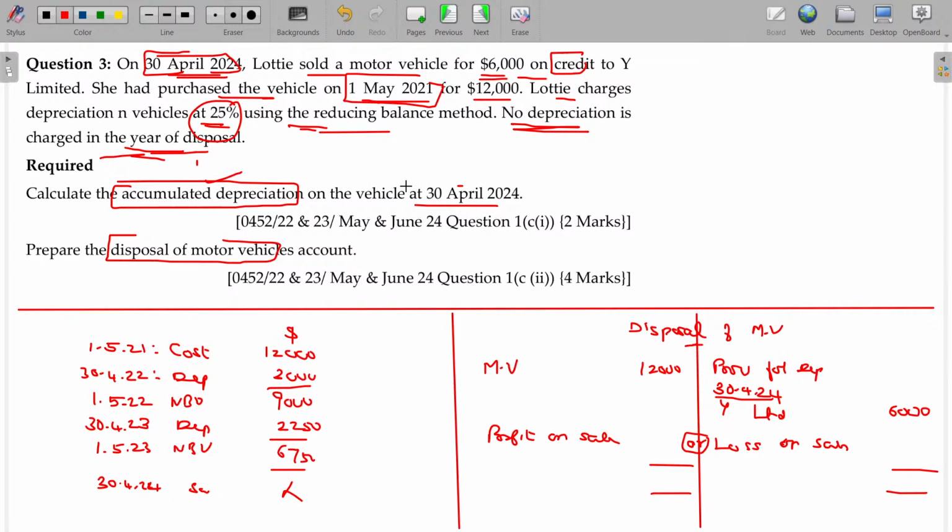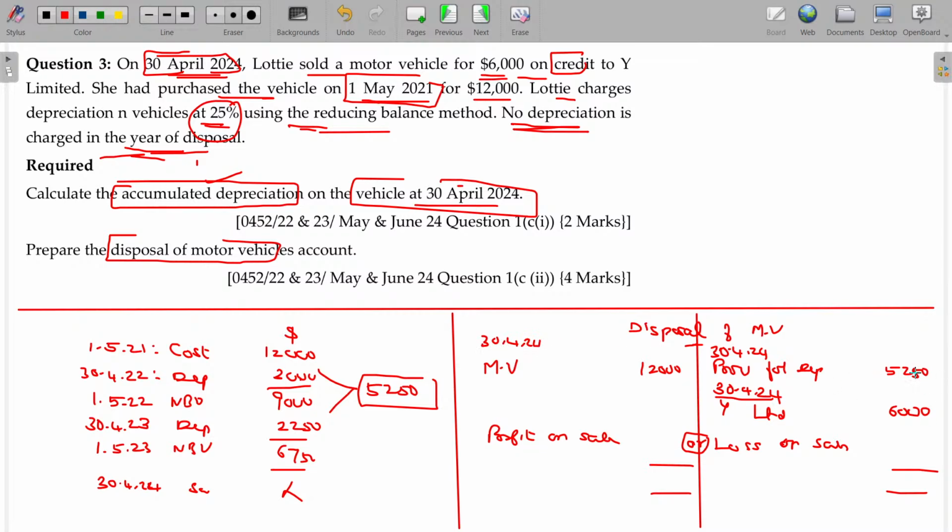Calculate the accumulated depreciation on the vehicle sold. What's the accumulated depreciation? The overall depreciation on the asset sold being 3,000 plus 2,250, 5,250 will be the accumulated depreciation. Okay, that will be posted here. Provision for depreciation 5,250. All these things are posted on the date of sale only, 30/4/24.